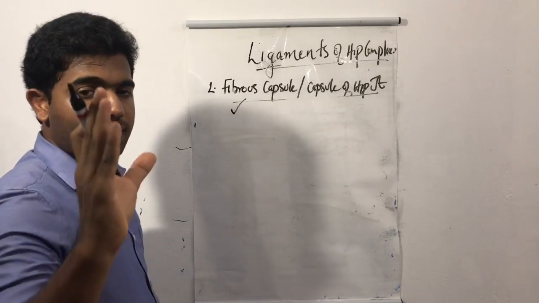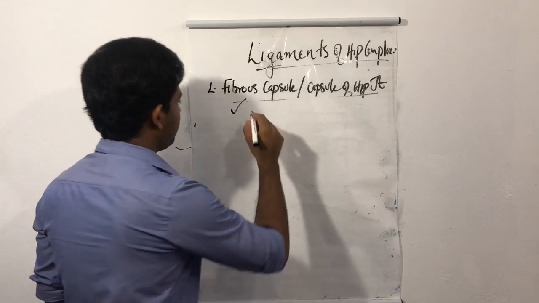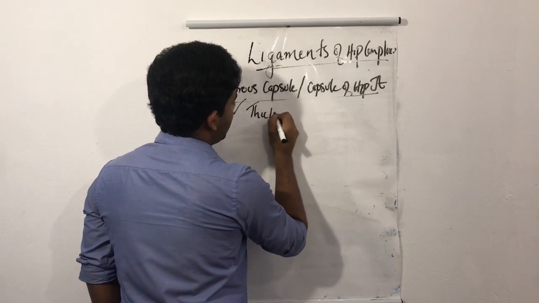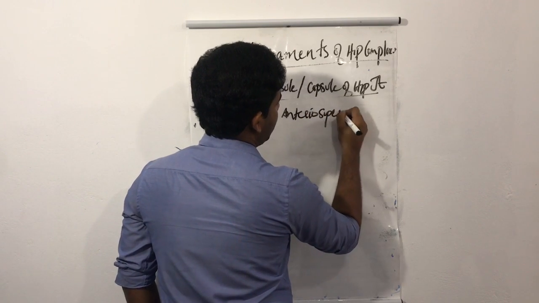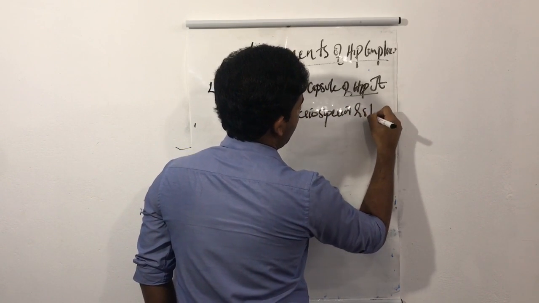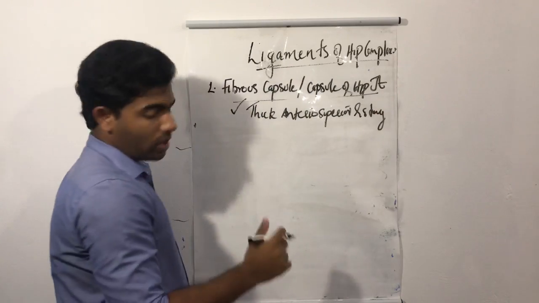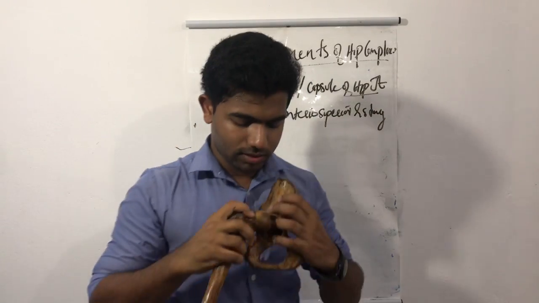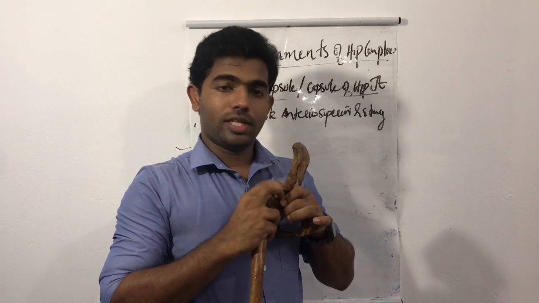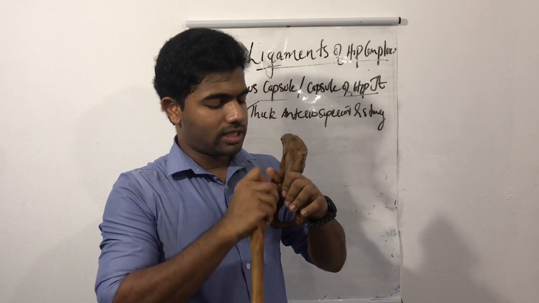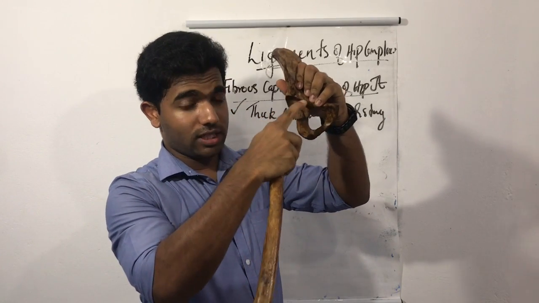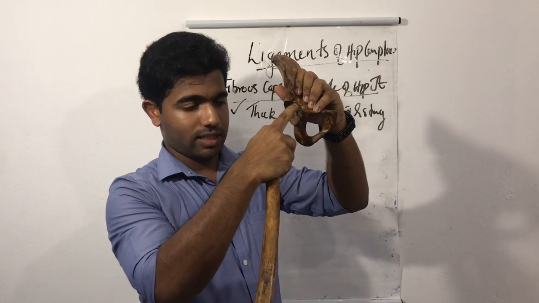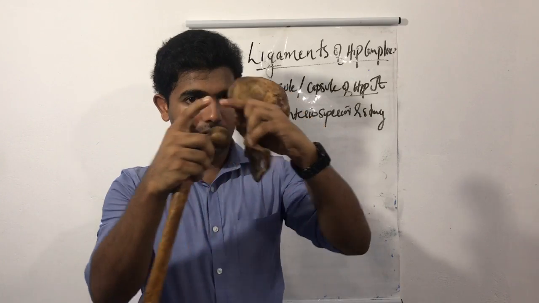What are the other features of the fibrous capsule? It is thick and strong anterosuperiorly. This is the anterosuperior region. Here is the maximum body contact that is occurring. The weight is transmitted from the lunate surface. We saw that the superior portion of the acetabulum and the superior portion of the head of the femur receive the weight.